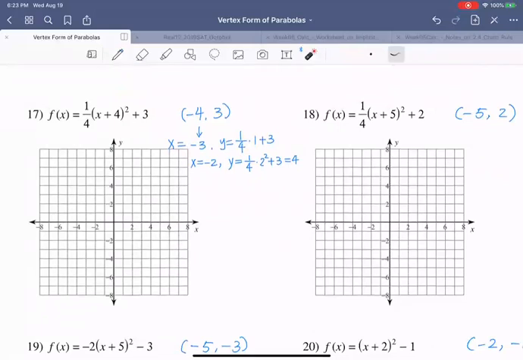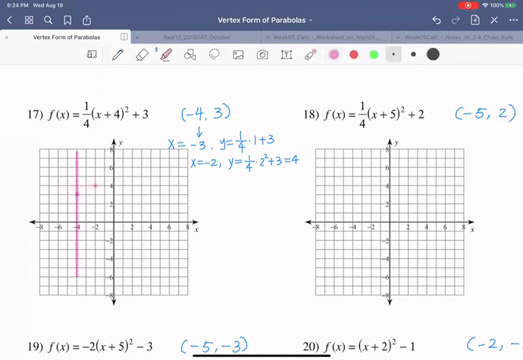So you want to draw -4 and 3. This, yes? Okay, and you draw the axis of symmetry. And you draw the point at -2 and 4. Okay? And it's going to be symmetric, so you have a point over here also.